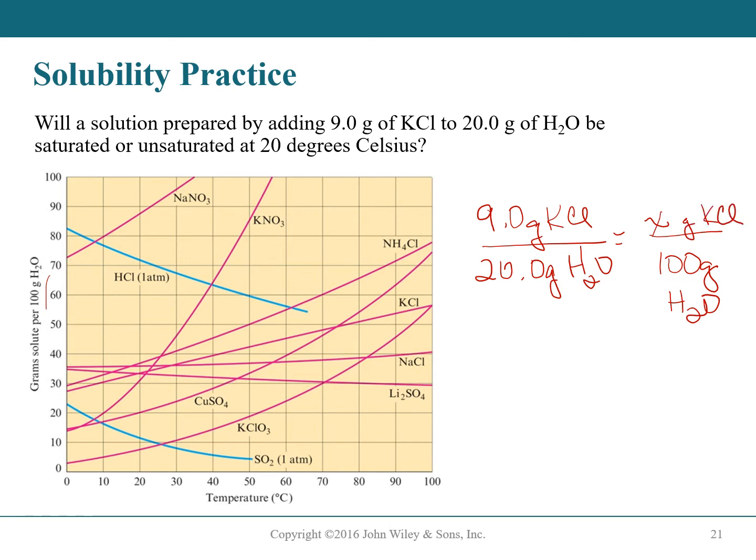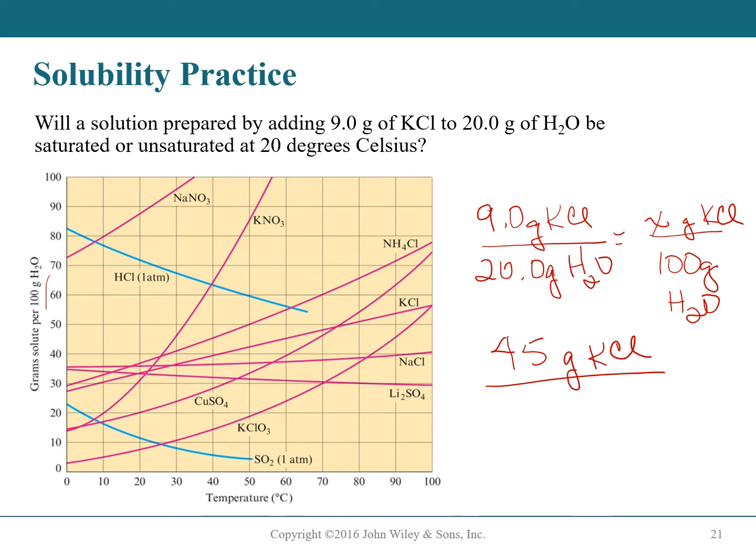And what we get is 45, right? So this is equivalent to saying I want to put 45 grams of potassium chloride in 100 grams of water.